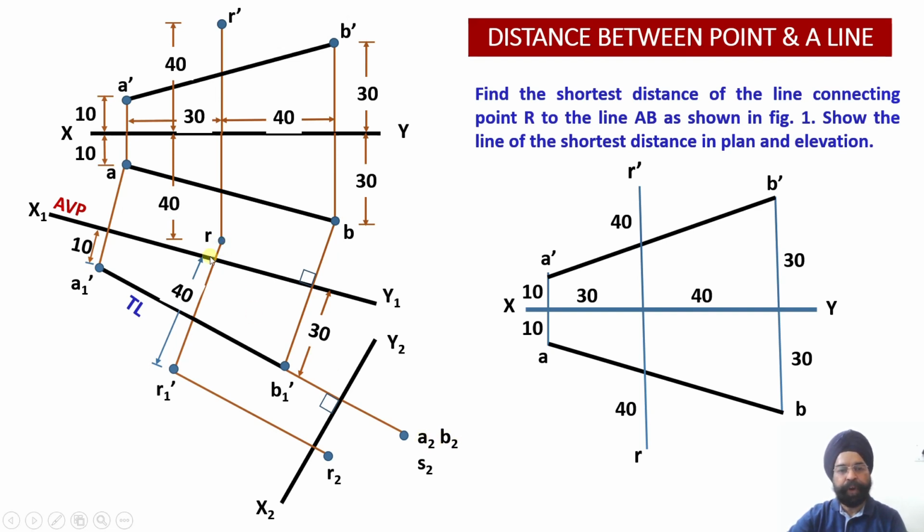Then the second point we want to draw over here is R. You can see the distance of R. Again, using the divider, we are going to measure this distance from the AVP, that is x1 y1. This distance will be transferred over here. So R2 point we have obtained, A2 and B2 point we have obtained. So we are going to join both of these points.